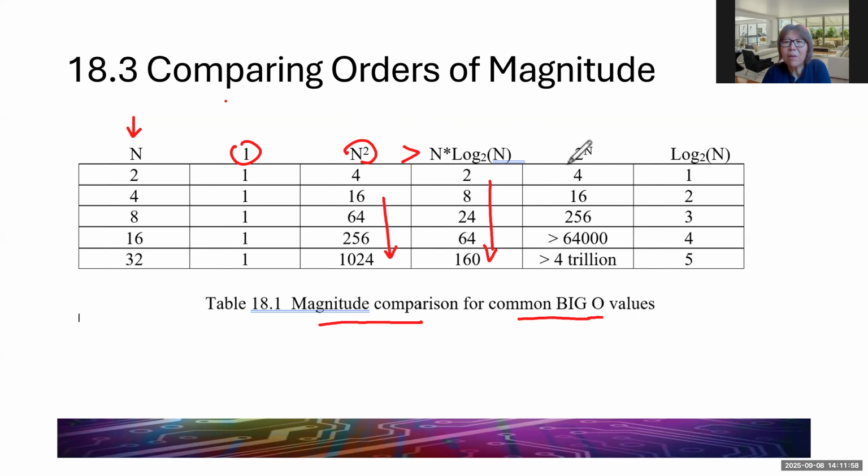And 2 to the n grows so fast that even just from 2 to 32, it already grows from 4 to over 4 trillion. If you take log 2, we see it grows really slowly. From this comparison table, we can clearly see that if our algorithm's time complexity is log 2n, that's pretty good. If we design an algorithm that runs at 2 to the n, then that's a bad algorithm.